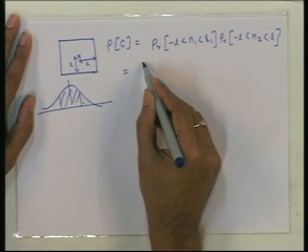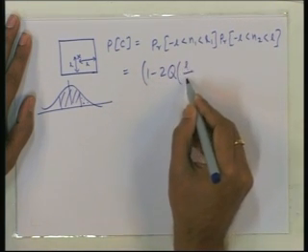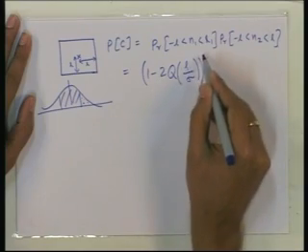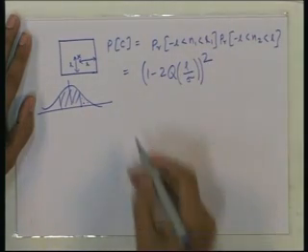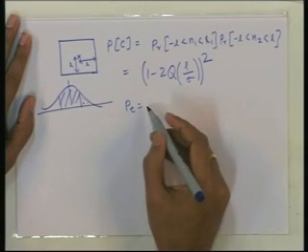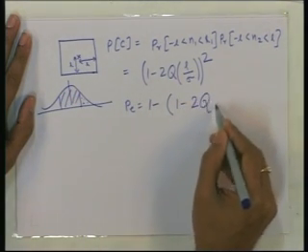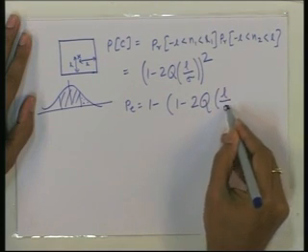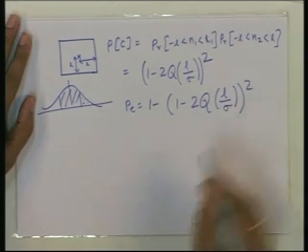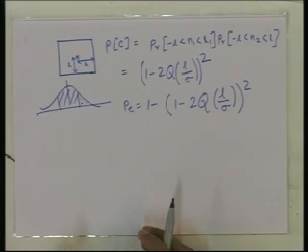So, this is 1 minus 2 times Q of L by sigma, and whole square. So, probability of error for this type of decision region is 1 minus (1 minus 2 Q of L by sigma) whole square. So, we have seen for different types of decision regions what the probability of error will be.